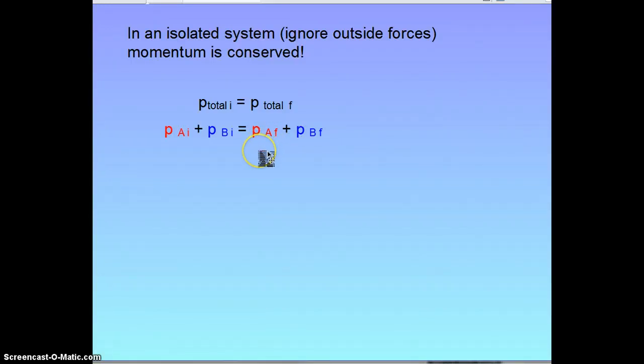Alright, let's break it down one step farther. If you take momentum and make it m times v, mass of the red car times its initial velocity plus mass of the blue car times its initial velocity equals mass of the red car times its final velocity plus mass of the blue car times its final velocity.